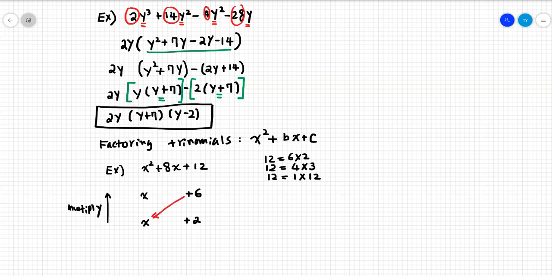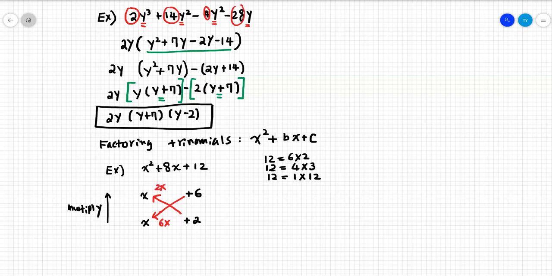Okay? And same thing over here. So if I cross multiply 6 times x, I get 6x. If I multiply 2 times x, I get 2x.